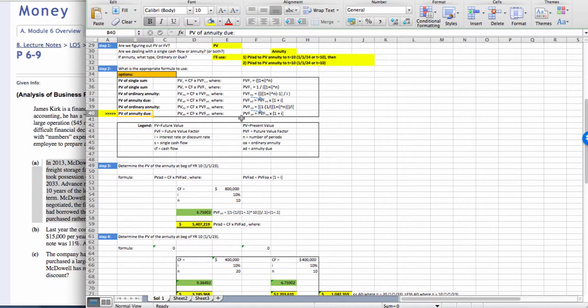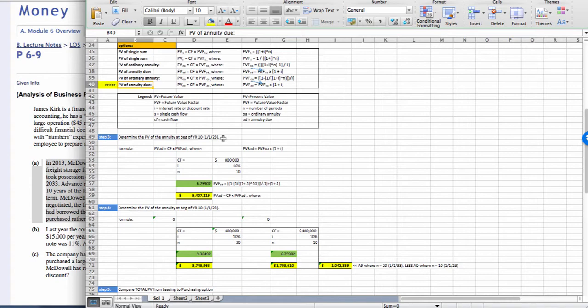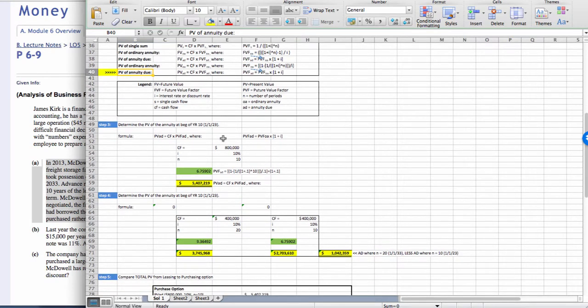So it's right here. So you have to review what this means and tie it back to your reading in the book. So that's step 2, to understand which formula or which table you need to use. I use formulas, so it will be slightly different than the tables, but it's okay. It gives you pretty much the same answer.